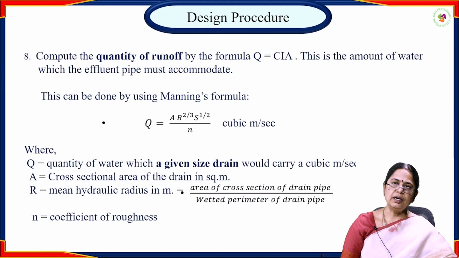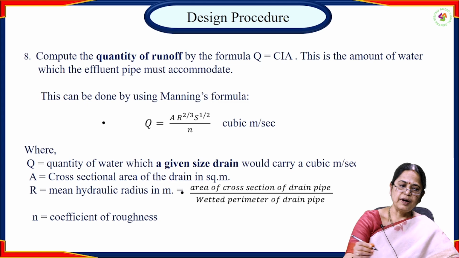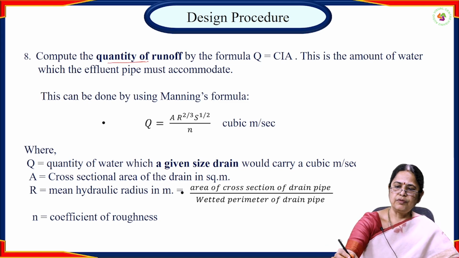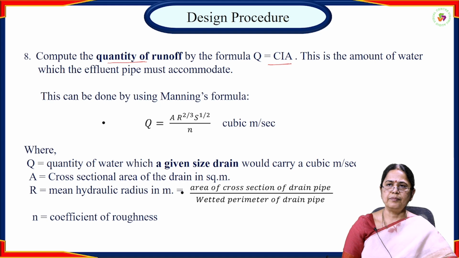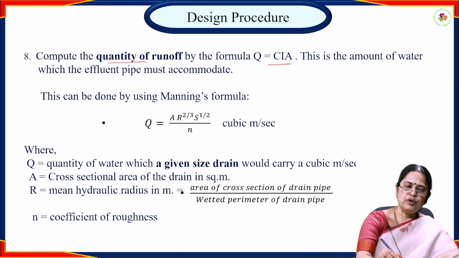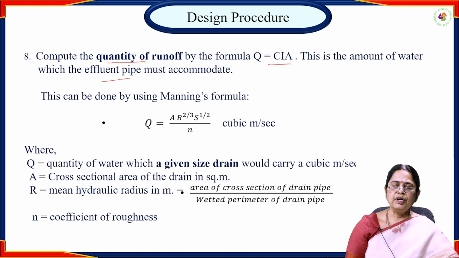So using that intensity, and since we know the area, find out the quantity of runoff by using the formula Q equals CIA. Next, this is the amount of water which the effluent pipe must accommodate.